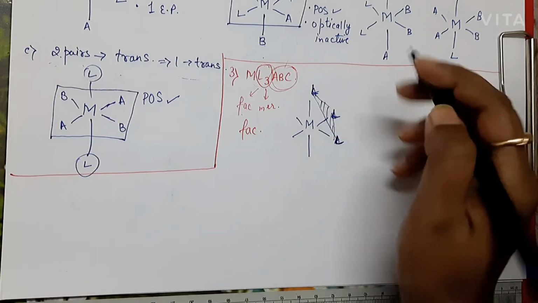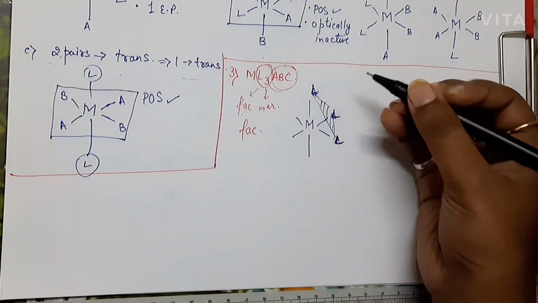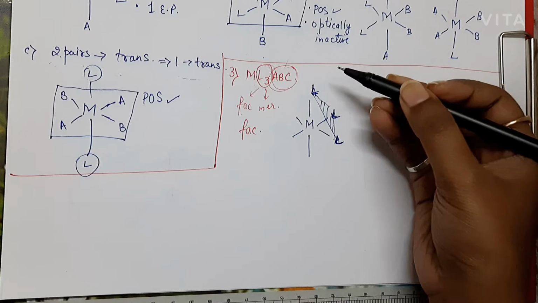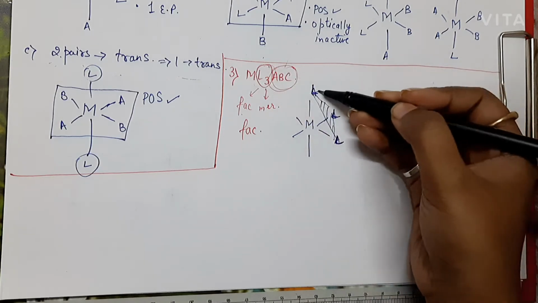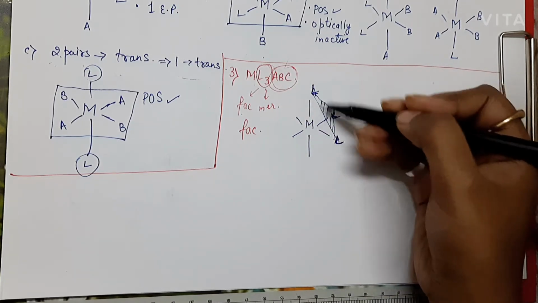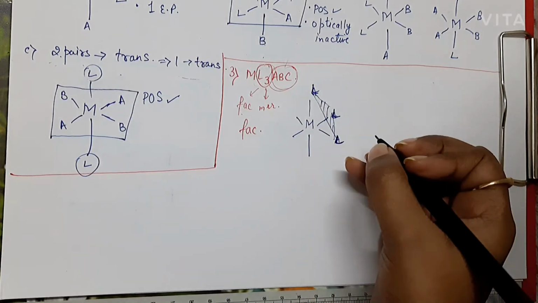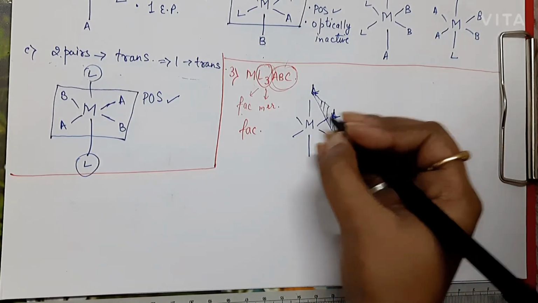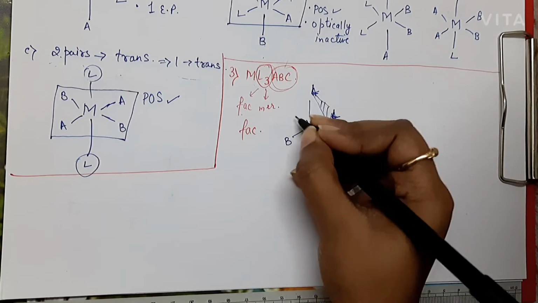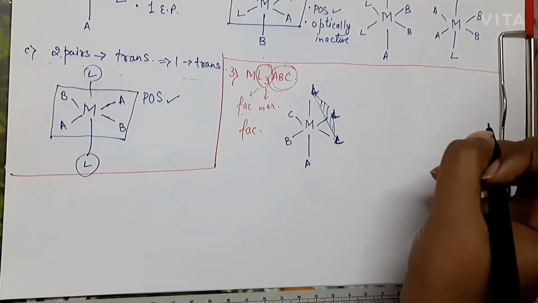So this is the facial arrangement in which we orient these three same ligands like this so that they can form a triangular face. We have discussed it earlier also. So this way we'll place these three, and the remaining A, B and C will be occupied here.